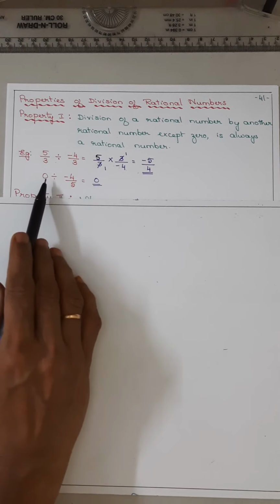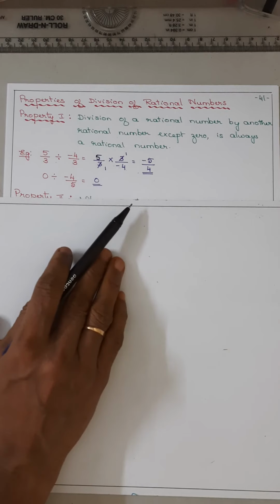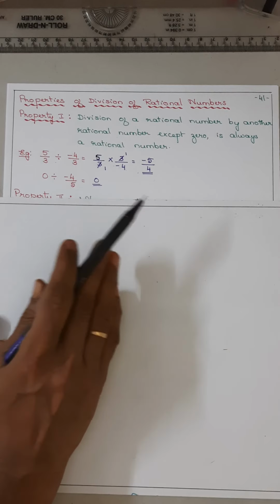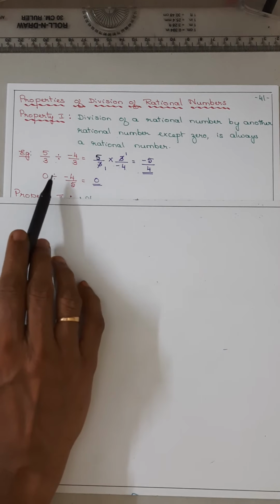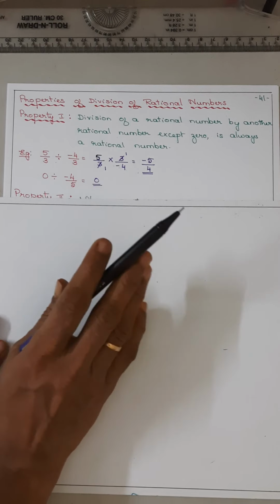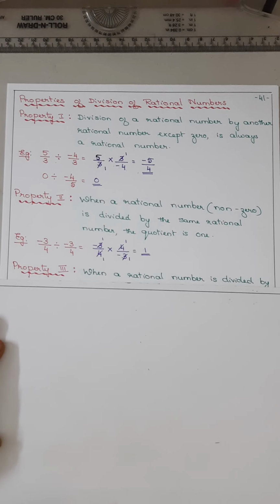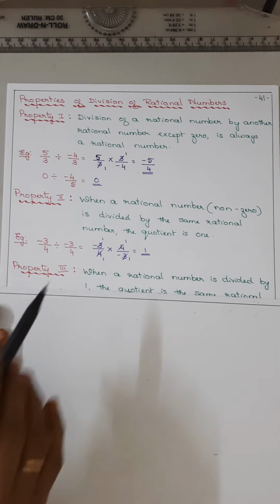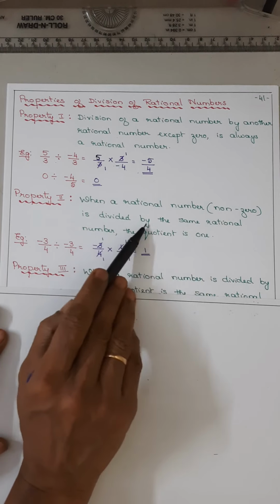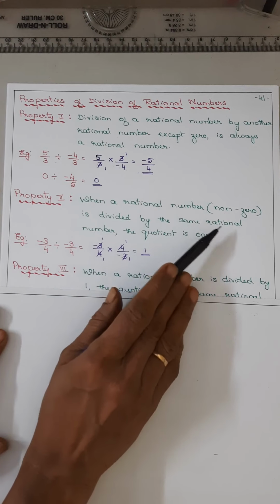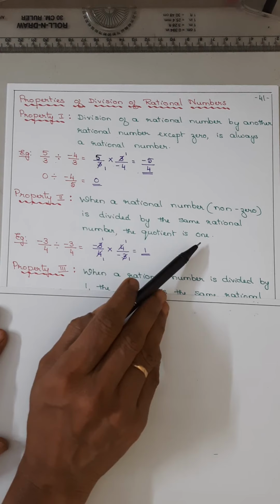Now in the second sum, 0 divided by something is always 0. See, any number divided by 0 is not defined. But 0 divided by something is 0. Now property 2: when a non-zero rational number is divided by the same rational number, the quotient is 1.